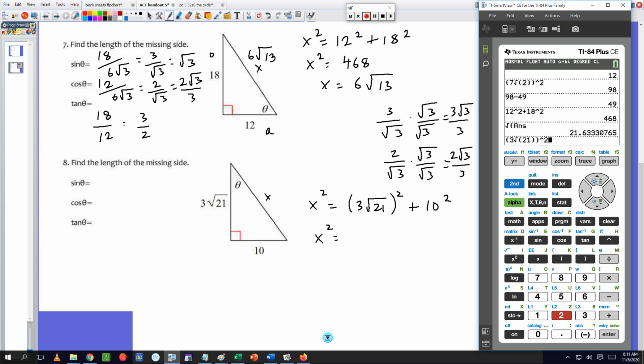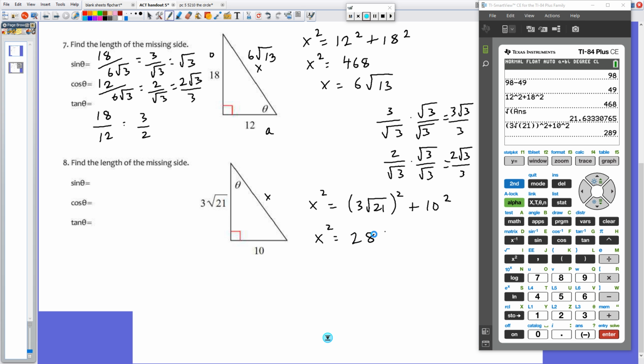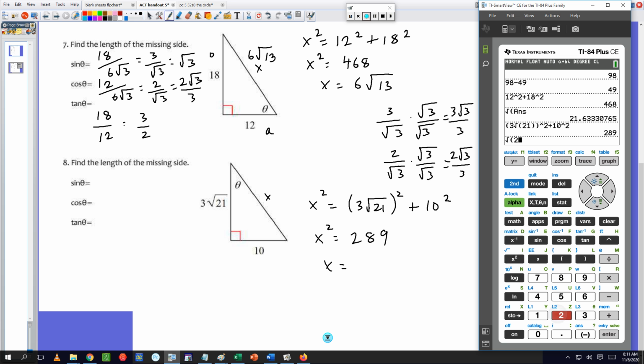What your calculator is going to do is it's going to square the 3, get a 9. It's going to square the radical and get just 21, and it's going to put the 9 and the 21 together and get 189, I believe. Plus 10 squared is 100, so this should be 289. And the square root of 289 is 17, I believe.